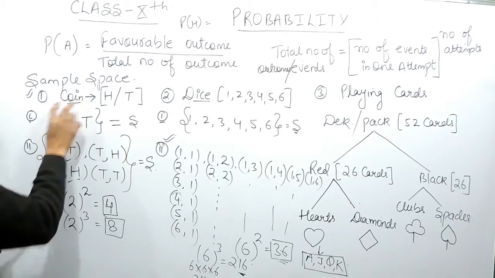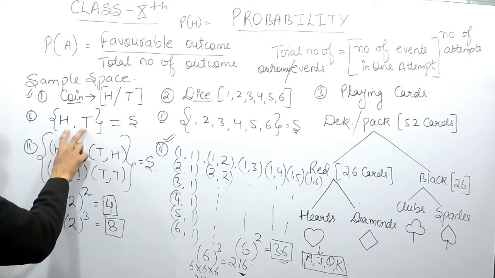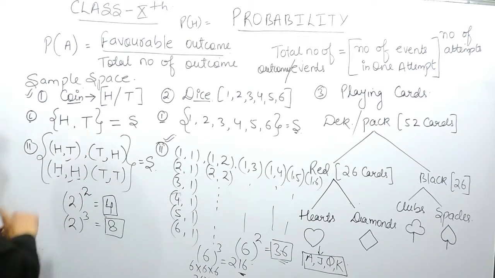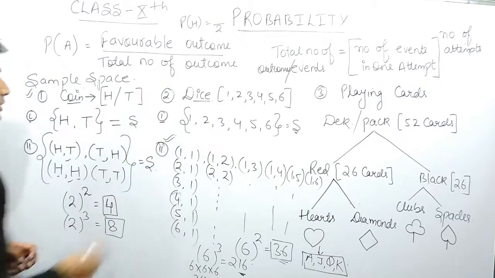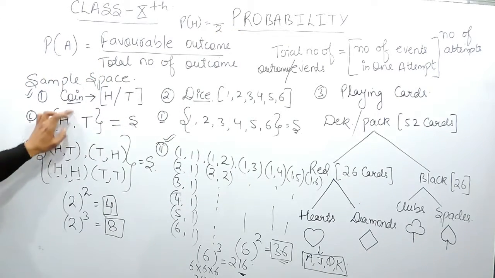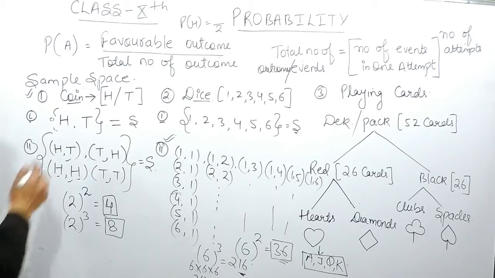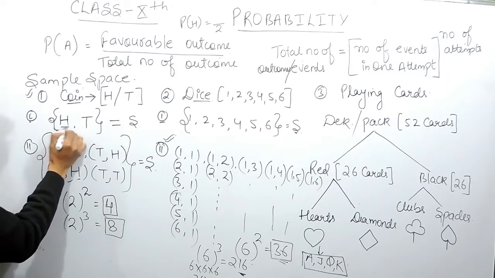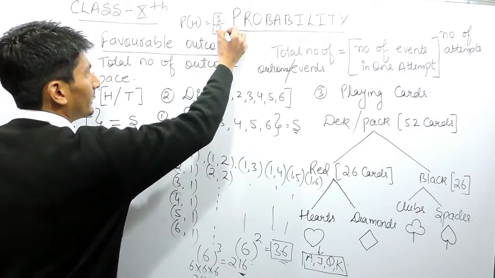When you are tossing a coin one time, the total number of outcomes is 2. And what are the favorable outcomes? Obviously, only one time H can come. So only H is the favorable outcome here. So the probability of H coming is 1 by 2.